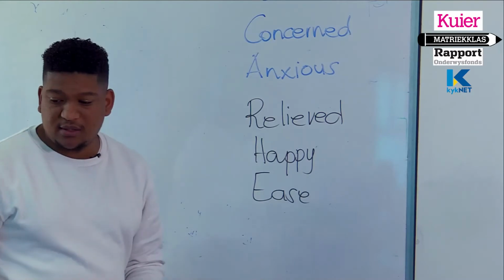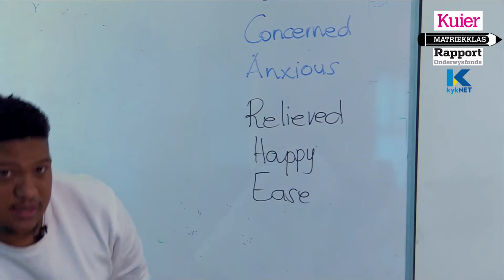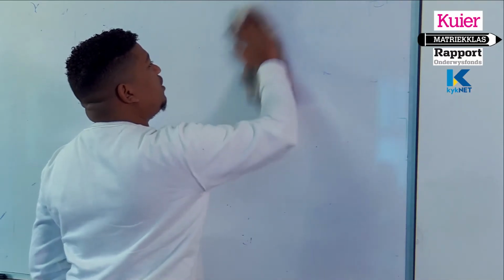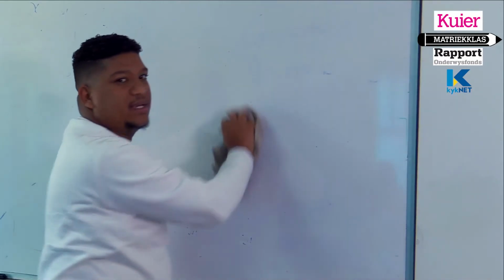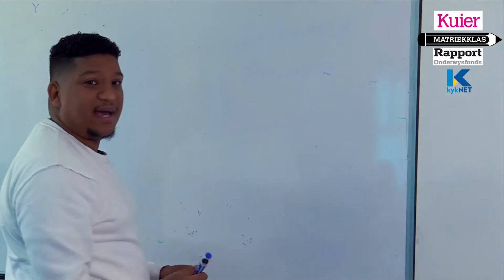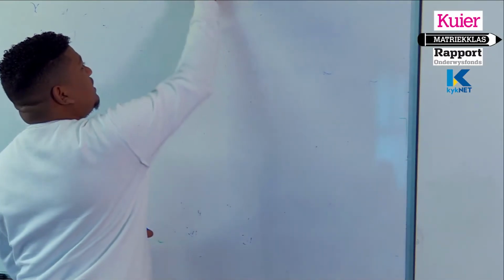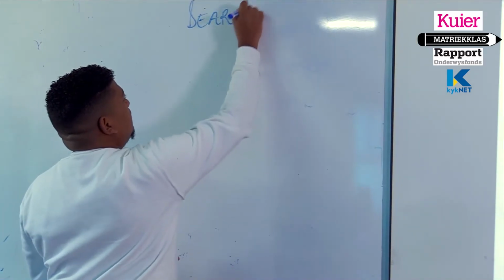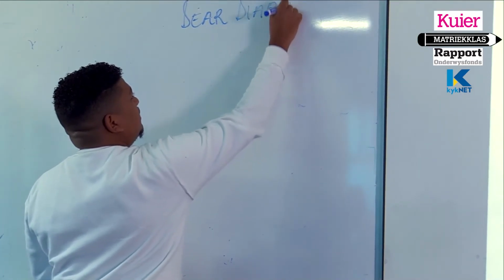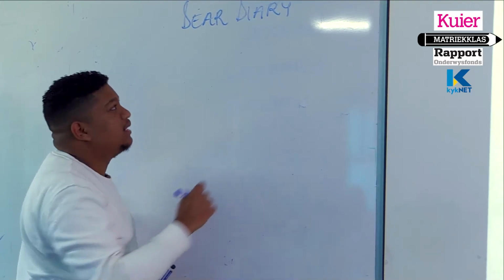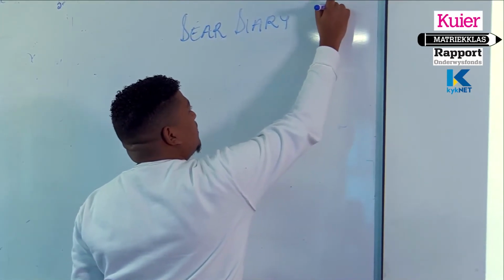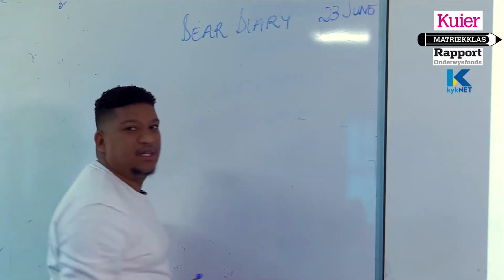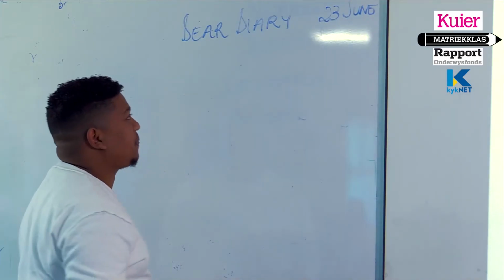So I would indicate the following. Let's just erase this. I am going to indicate then the following on my 2 different days. I have dear diary, right? Diary and not dairy. This would be on the 23rd of June. Please indicate the year.